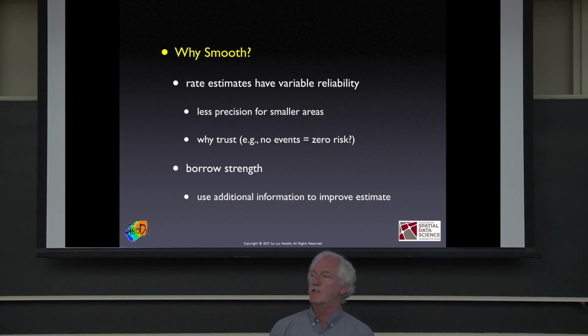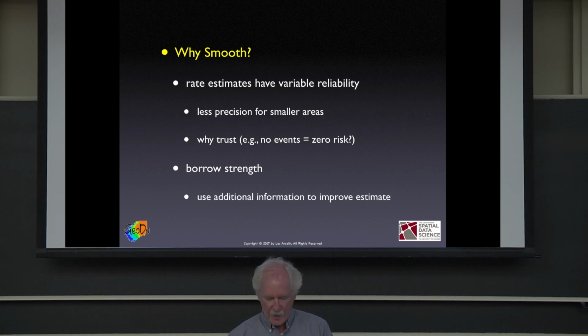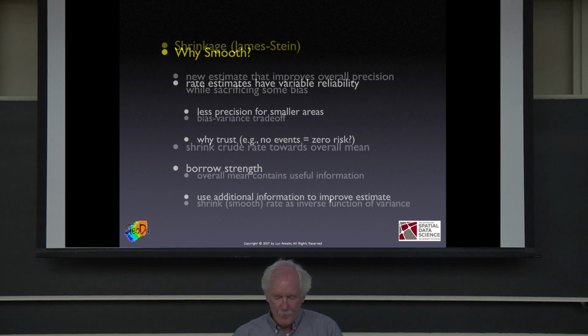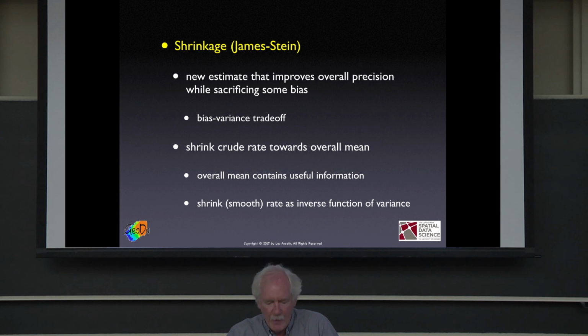It uses mean squared error to characterize an estimate. So this smoothing idea has to do with shrinkage. And a shrinkage estimator is the very famous James-Stein theorem that actually took the whole statistics world by surprise when they demonstrated that a biased estimator actually could do better than the traditional maximum likelihood unbiased estimator.